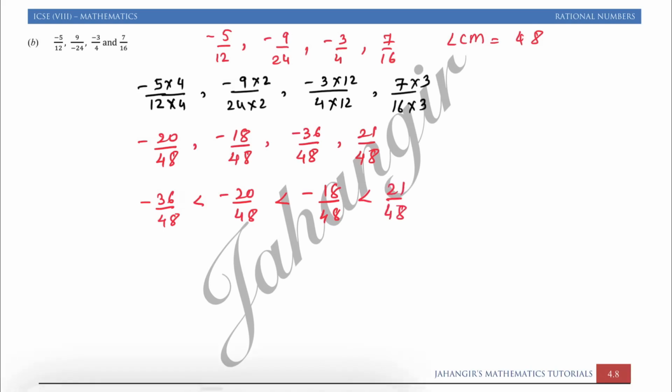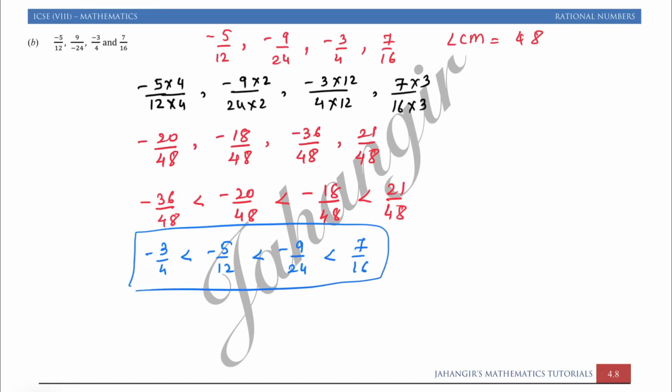So converting it into the simplest form, minus 36 by 48 simplest is minus 3 by 4, less than minus 20 by 48, which I can write as minus 5 by 12, less than minus 18 by 48, which I can write as minus 9 by 24, less than 7 by 16. Okay, hope you understood this properly.